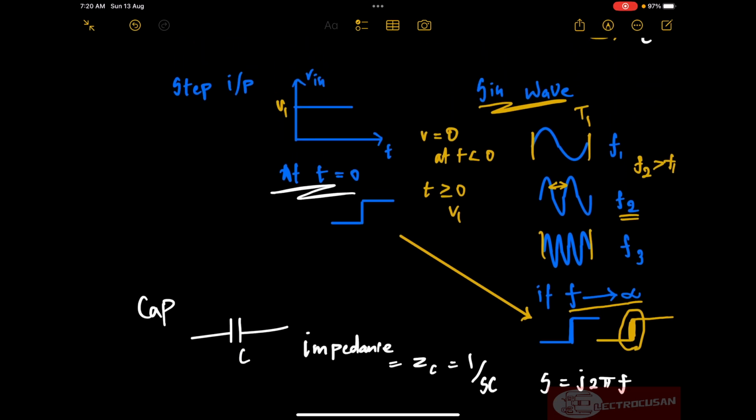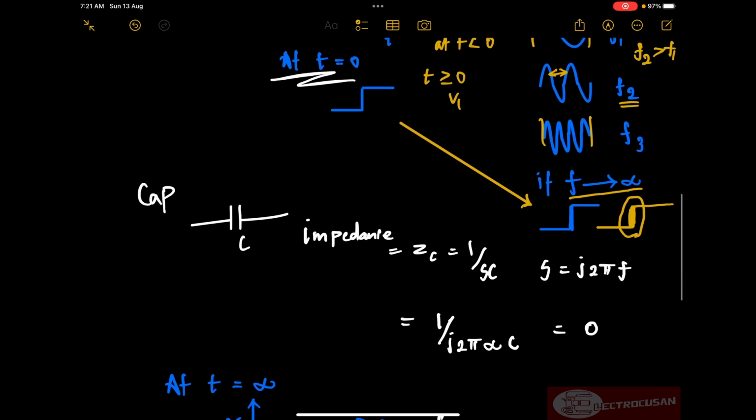If you look closer at the time instant when t is equal to 0, this is just the same as this one. So what we infer from this derivation is that for a step input, at t equal to 0, the frequency of the input signal reaches infinity. Before and after that point, the frequencies are just 0. We can assume it to be DC 0 and DC high.